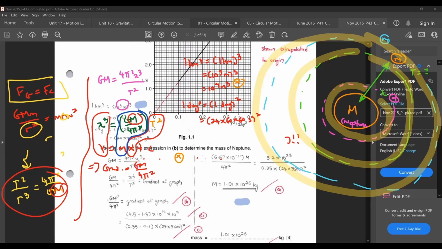Gm over 4 pi squared is the gradient of the graph. Find the gradient. Remember to do your conversion. And then sub in the values for G and 4 pi squared. Eventually, you'll be able to get the value of big M as 1.01 times 10 power 26 kg. Okay. Right. So that is one part.